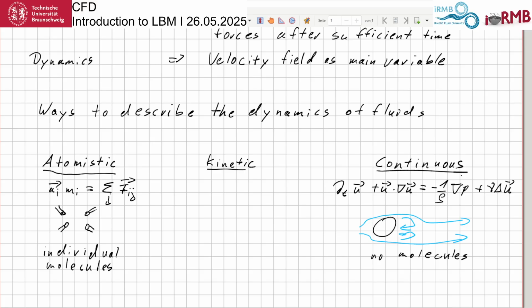Historically, I should not talk too much about history, but historically, the Navier-Stokes equation was found 3 times, once by Navier, once by Stokes, and once by Bernoulli. And Bernoulli they forgot because he was the first one, actually.